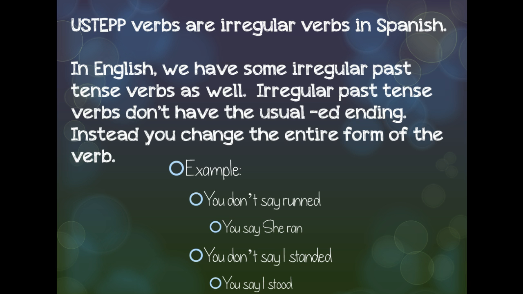You would never say "I standed," you say "I stood." So we don't just add an -ed to our verbs like you do with a lot of other regular verbs. You have to change the entire thing. So always keep in mind that what applies in English will probably apply in Spanish as well a little bit. So don't get overwhelmed by the irregulars in the preterite tense.